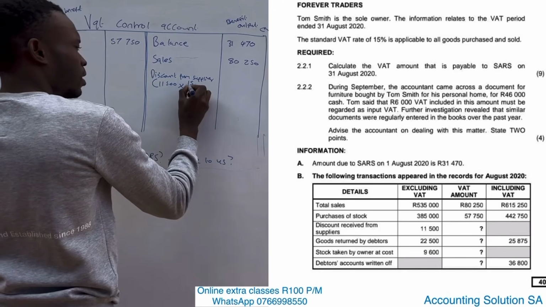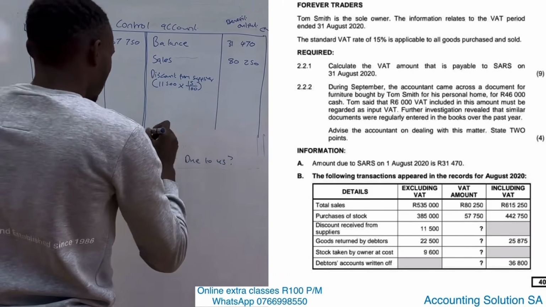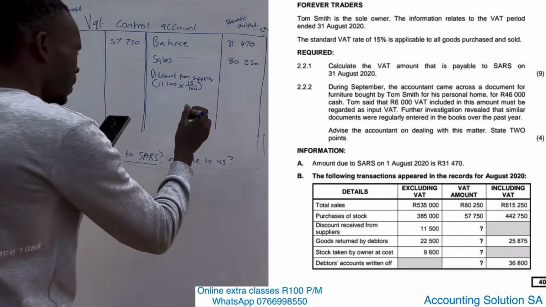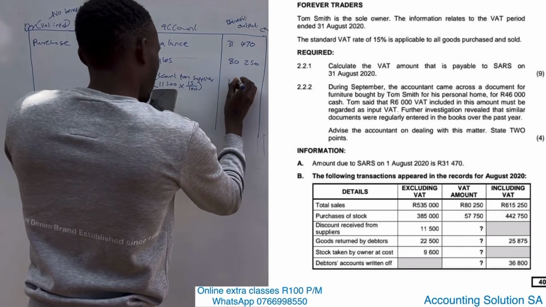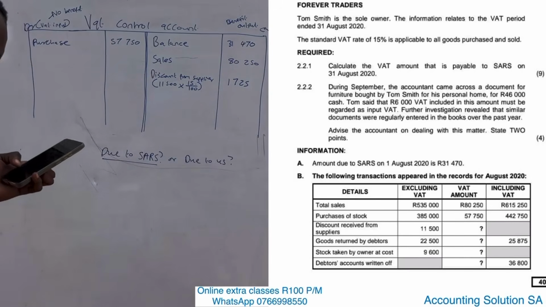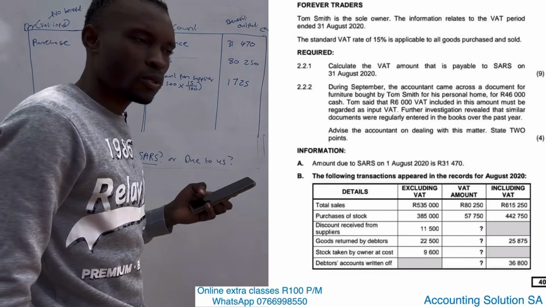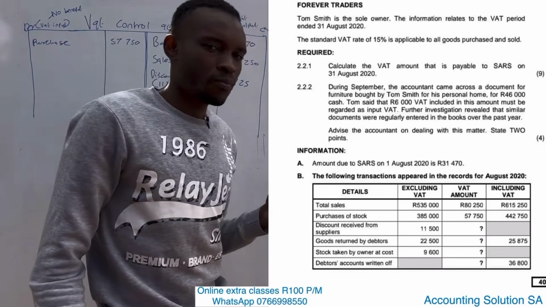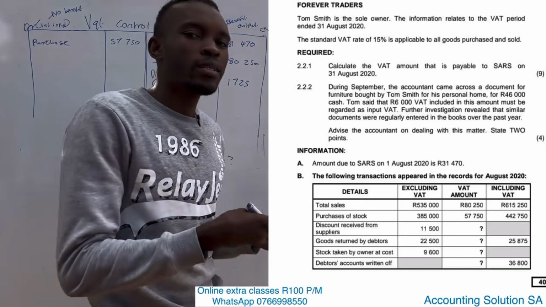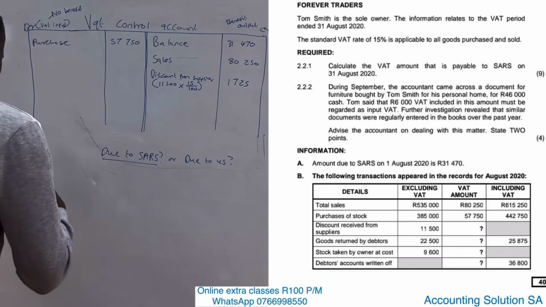VAT is 15%, and we have exclusive. We must divide by 100. Then it's going to give us an amount of 1725. Okay, next one, goods returned by a debtor. If a debtor returned goods, did we benefit? No, which means that the debtor returned goods and he needs his money, which means that we didn't benefit.